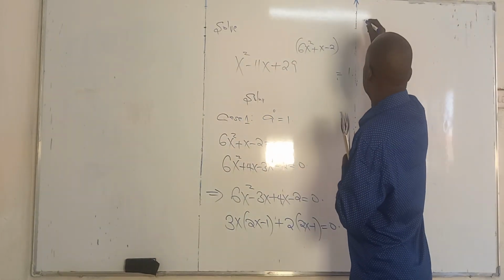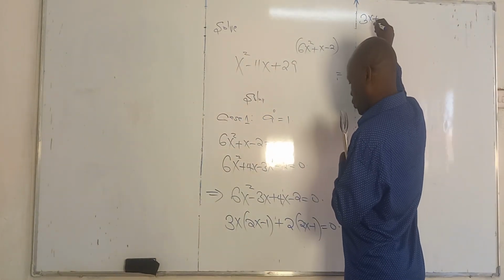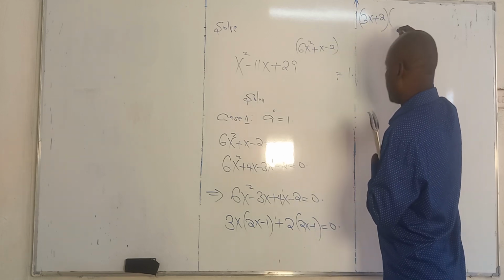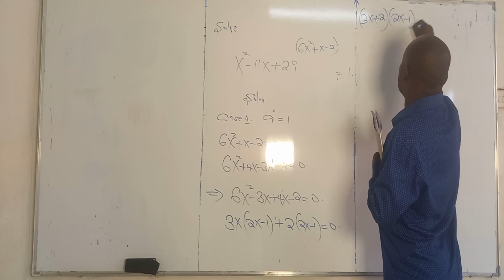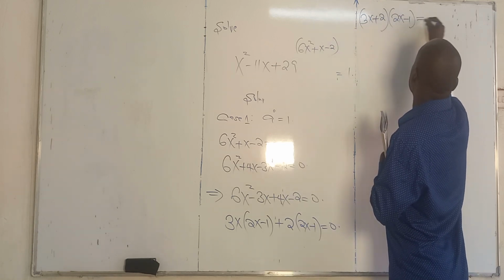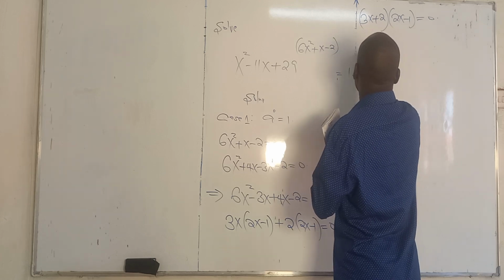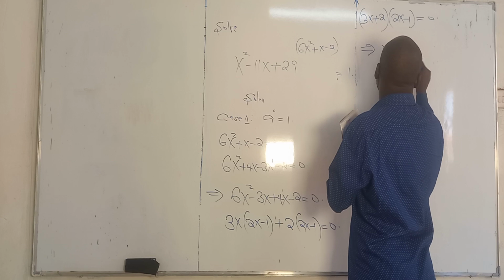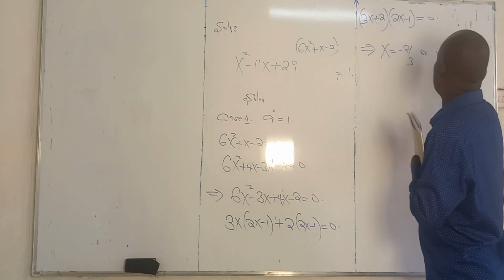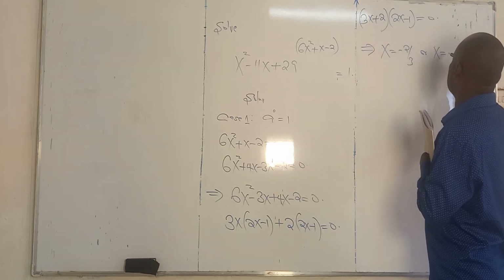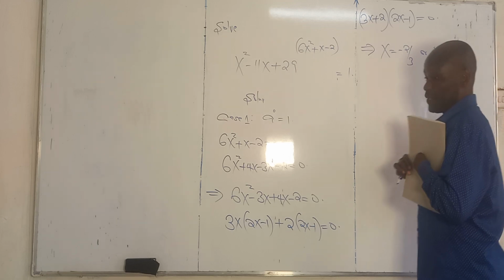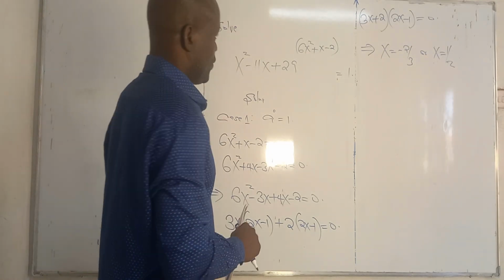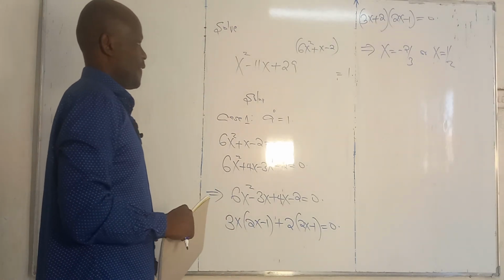So that means that I have here 3x plus 2 in bracket, 2x minus 1 is equal to 0. That should then mean that x is minus 2 over 3 or x is half. Those are the scenarios if we take the first case, x is minus 2 over 3 or x is half.